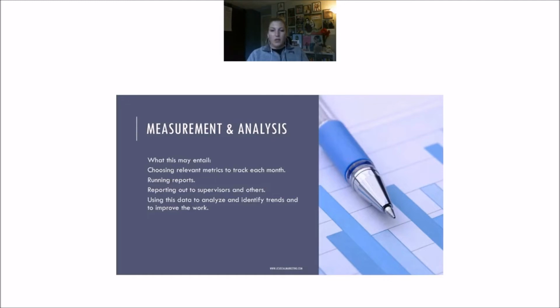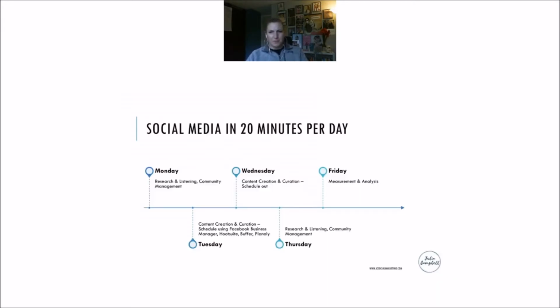So it's on you to choose those relevant metrics to track, to run those reports, to report out to your supervisors and others, and then use that data to analyze and identify trends, help you improve the work. Don't measure something that you're not going to then use to affect your work in some way, to say, okay, we're going to improve it, or this is doing great, we're going to do more of it. Don't measure data or metrics for just measurement's sake.